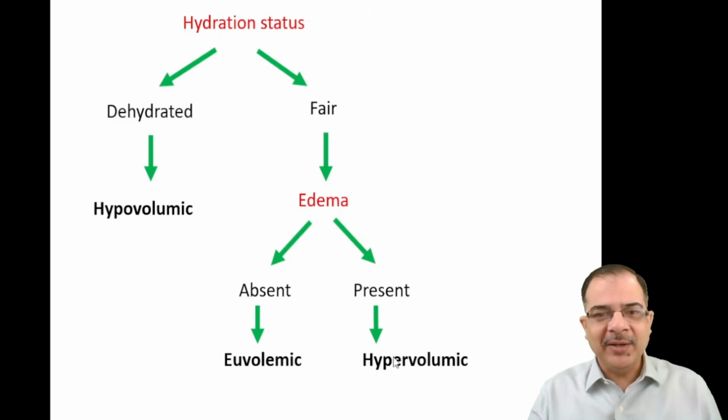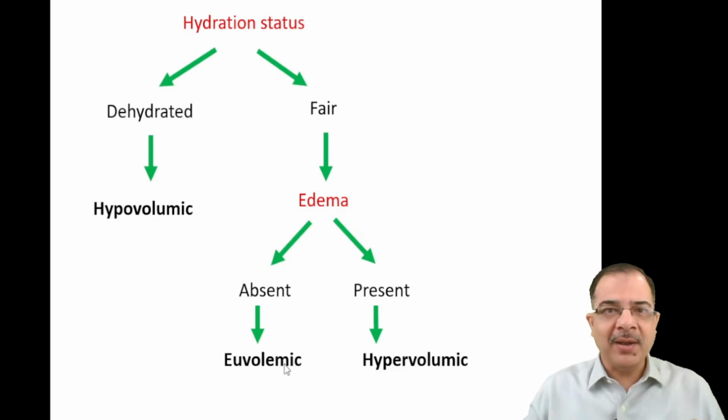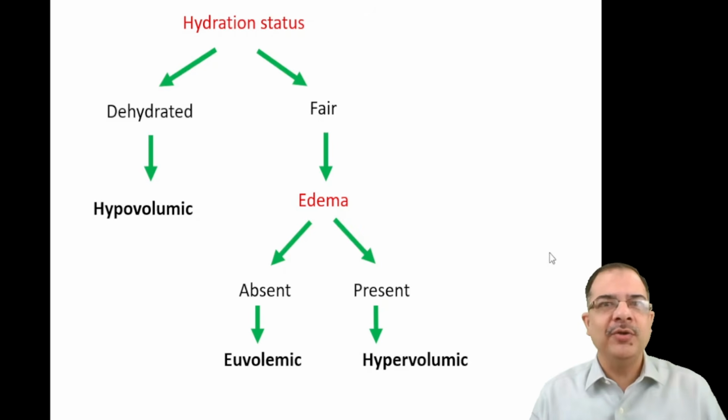So the mainstay of treatment in hypervolumic is contraindicated in hypovolumic. Similarly, in hypervolumic or euvolumic, we can give tolvaptan. Tolvaptan causes a free water loss from the kidneys, and that is absolutely contraindicated in hypovolumic hyponatremia. So like that, we have to make an accurate diagnosis of the etiology of hyponatremia.